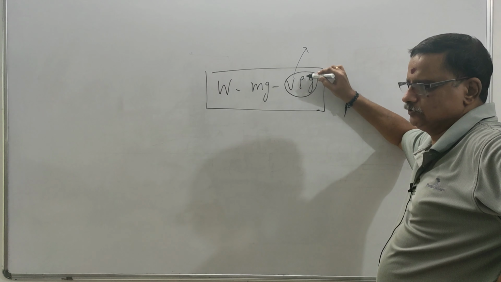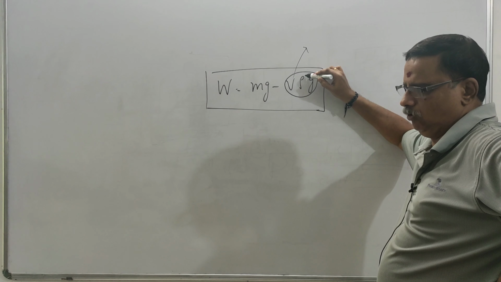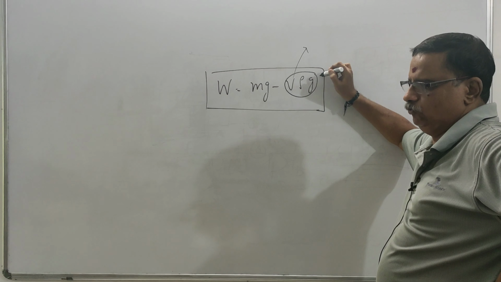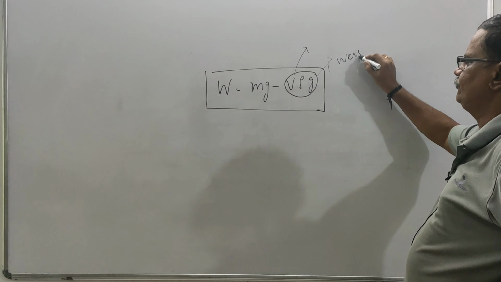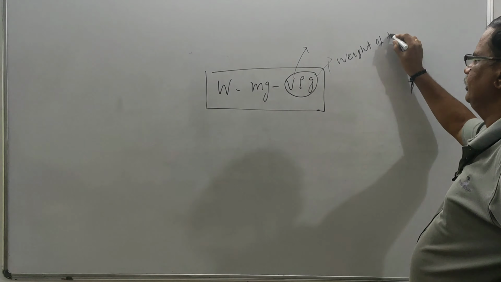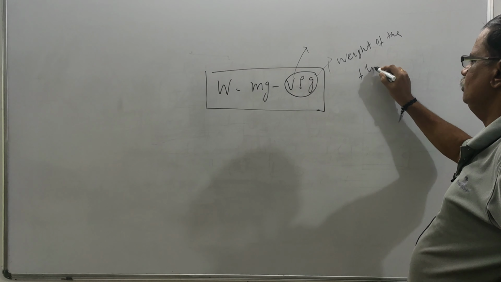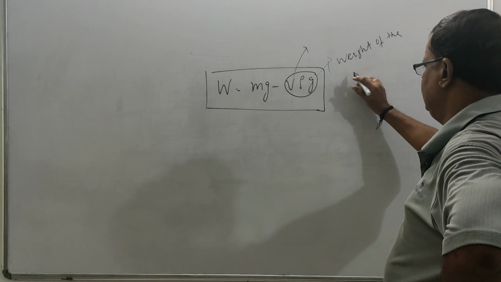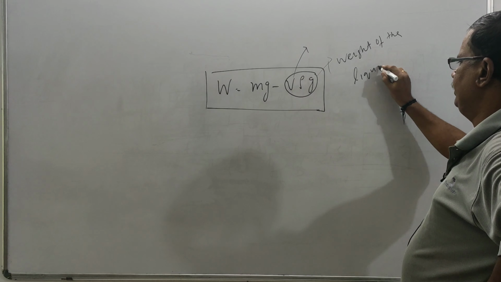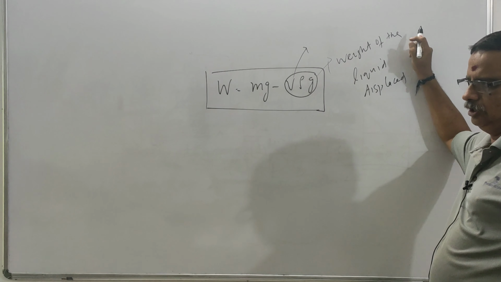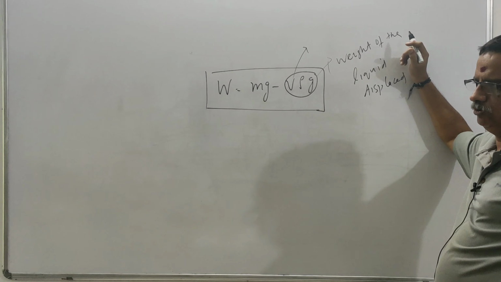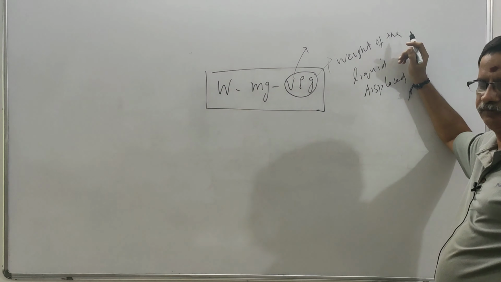Therefore this is the mass of the fluid displaced by the body, and this is the weight of the fluid displaced by the body. We are dealing with liquids, so weight of the liquid displaced. Now when the body is fully immersed, this will be equal to the volume of the body also.